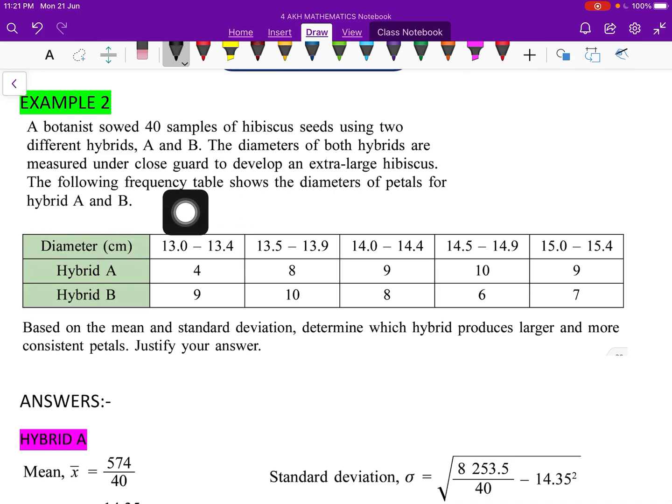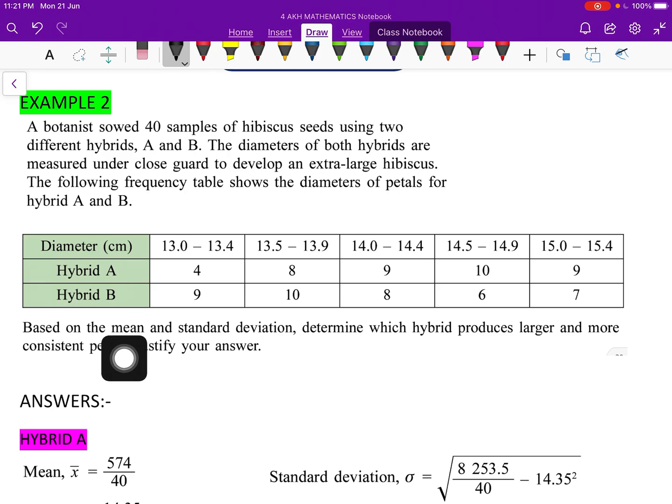So the following frequency table here shows the diameters of petals for hybrid A and B. So this is the table given. So based on the mean and standard deviation, so we have 2 distribution. Determine which hybrid produces larger and more consistent petals. So we have to justify our answer.